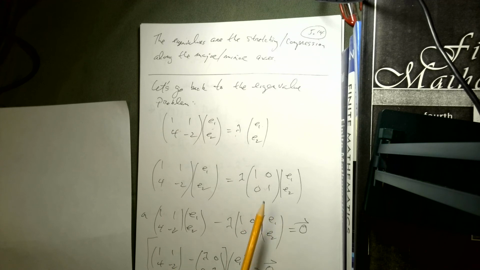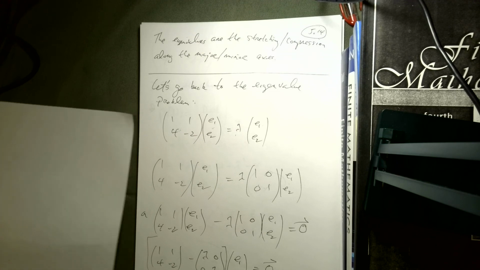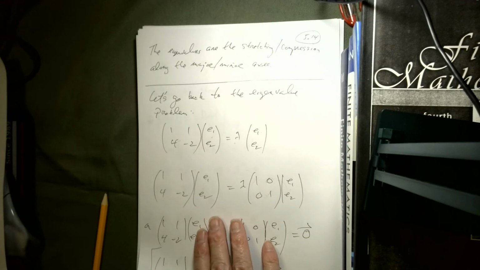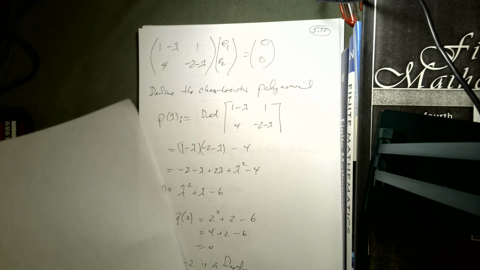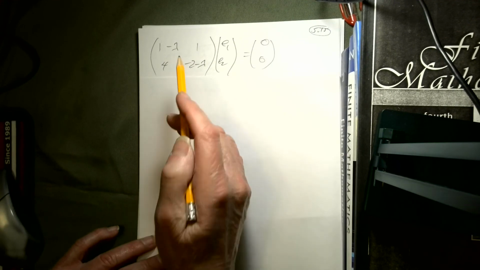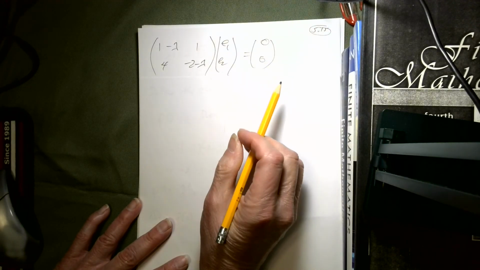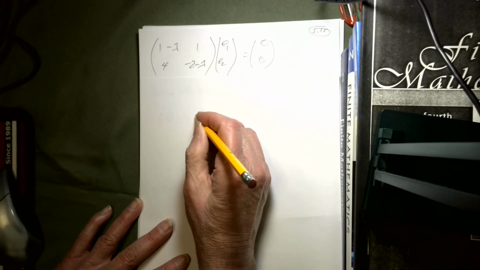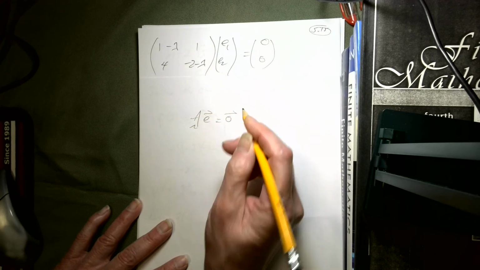If I bring this over, throw in the identity matrix, subtract from both sides, and rewrite this as a matrix times a vector, you have a matrix times a vector equals the zero vector. So this is AE equals the zero vector.